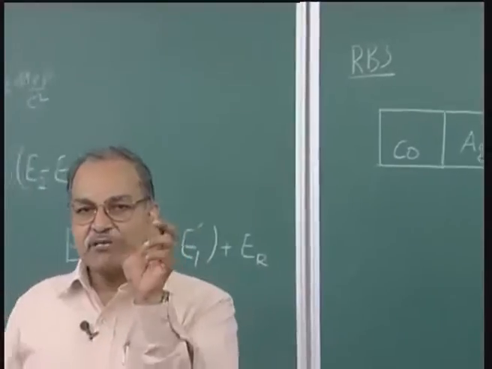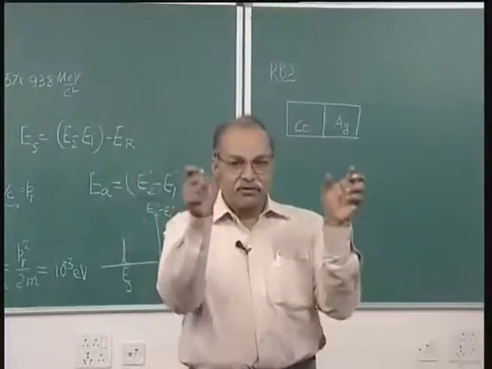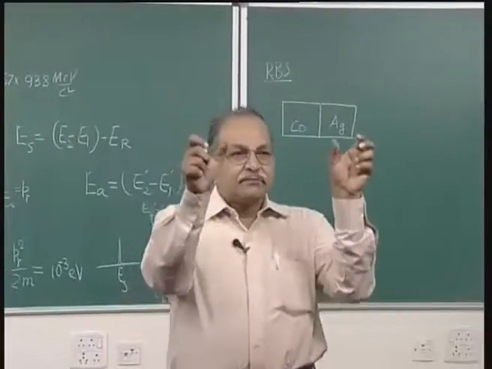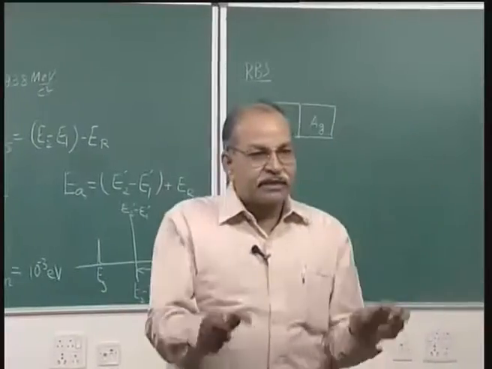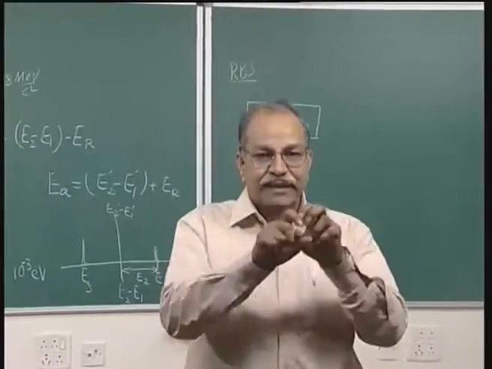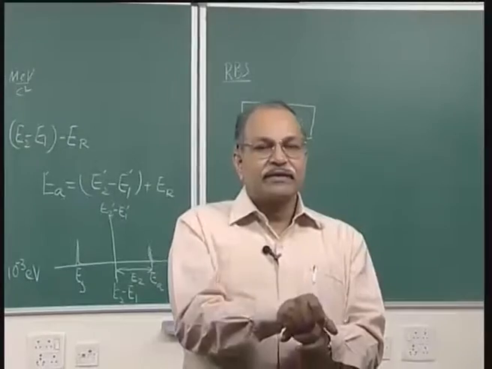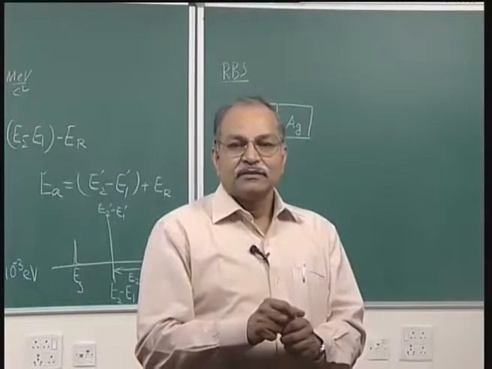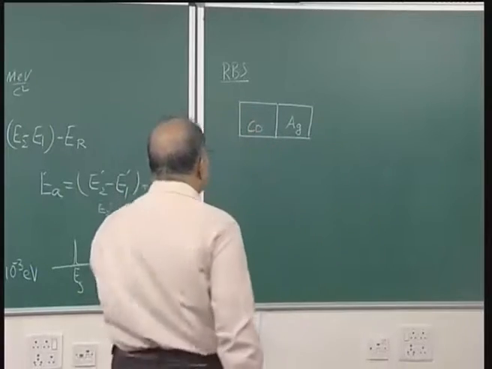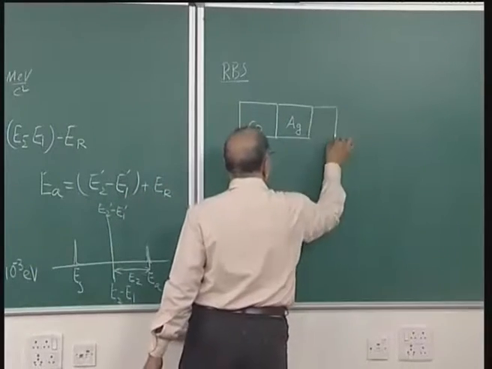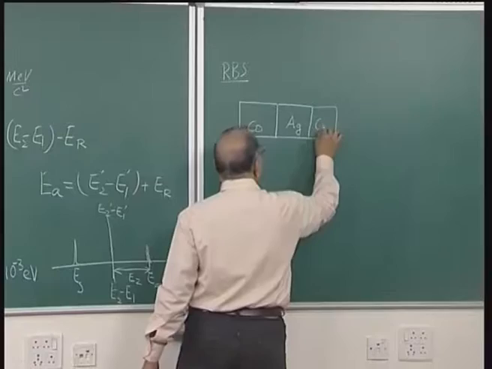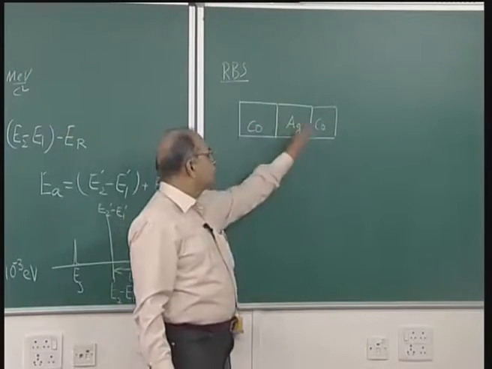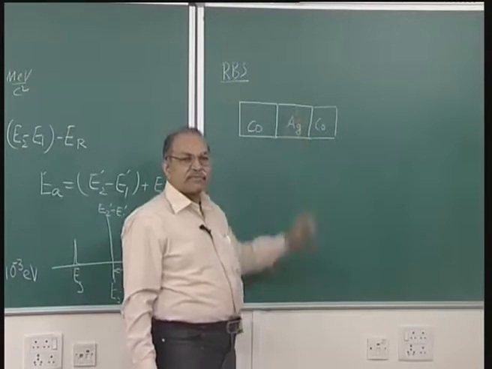These are multilayers where ferromagnetic films are separated by a non-magnetic spacer layer in between. Suppose I have this cobalt here, silver here, then again cobalt here, silver here, and again cobalt here. So, this is ferromagnetic, this is ferromagnetic, this is non-magnetic.